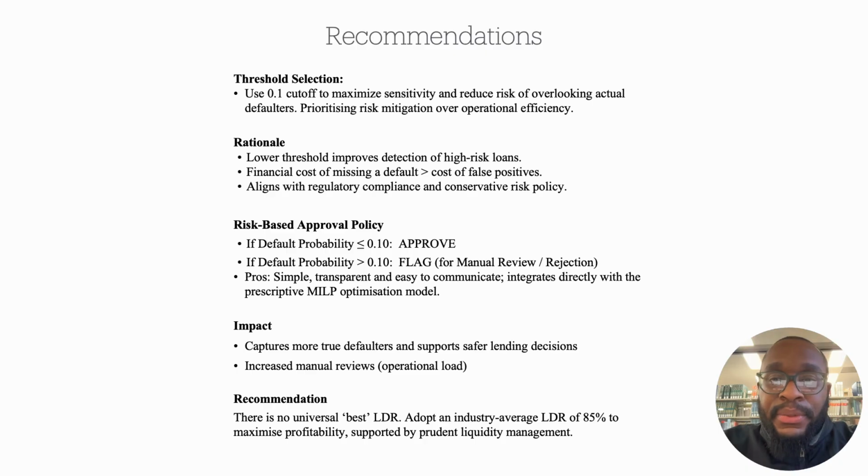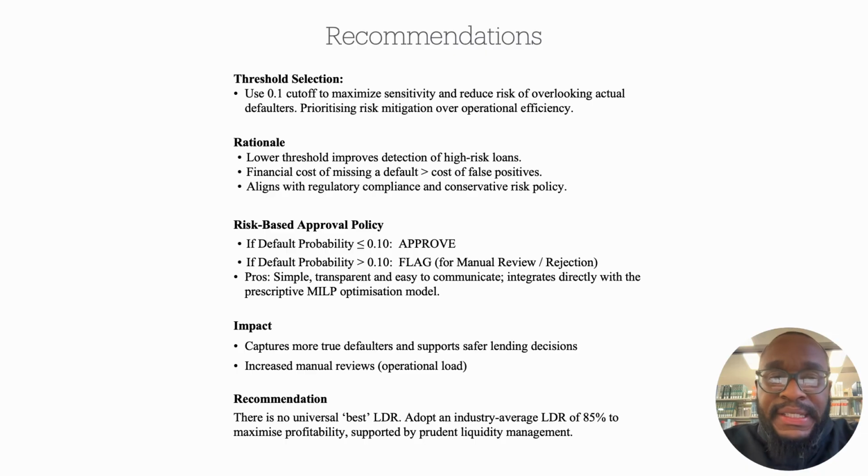We also recommend that a risk-based loan approval policy is put in place based on our model. If the default probability is less than 0.1, then the loan is approved. If the default probability is greater than 0.1, then the loan is flagged either for manual review or for rejection.